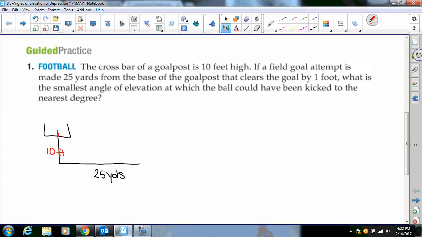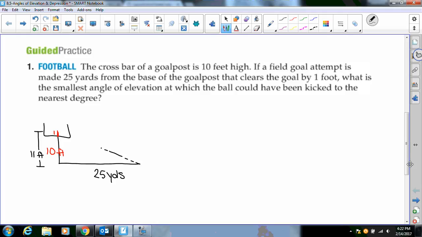So we have another foot up here that the football crosses there. So we have a total here of 11 feet in height. What is the smallest angle of elevation at which the ball could have been kicked to the nearest degree?